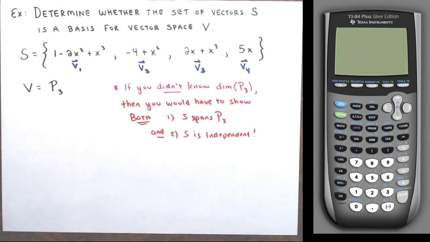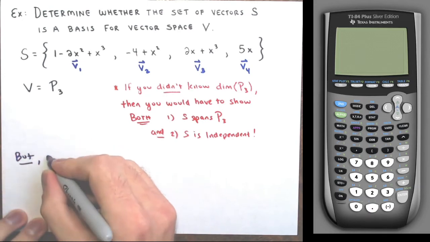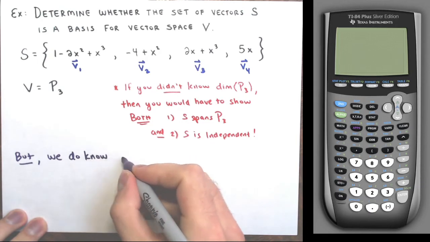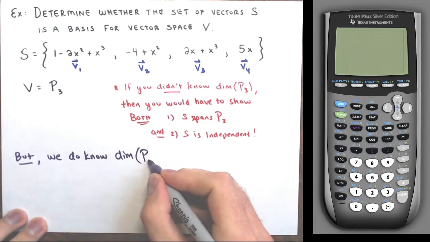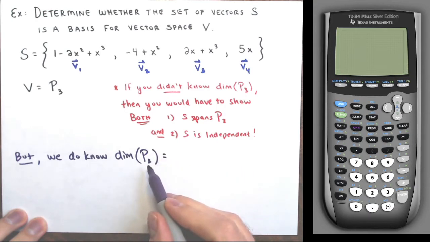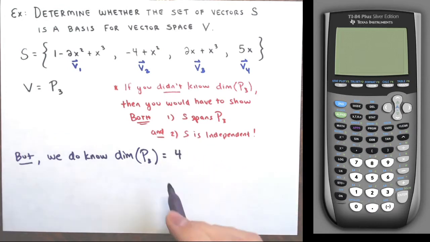But we do know the dimension of P3 based on the standard bases earlier. Right? Remember, the dimension of P3 would have to be 4. Remember, the dimension of that Pn was n plus 1.